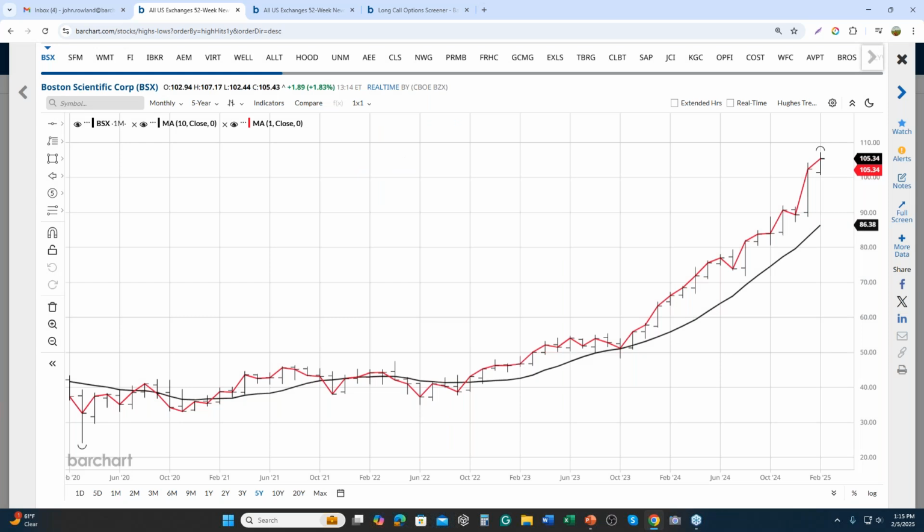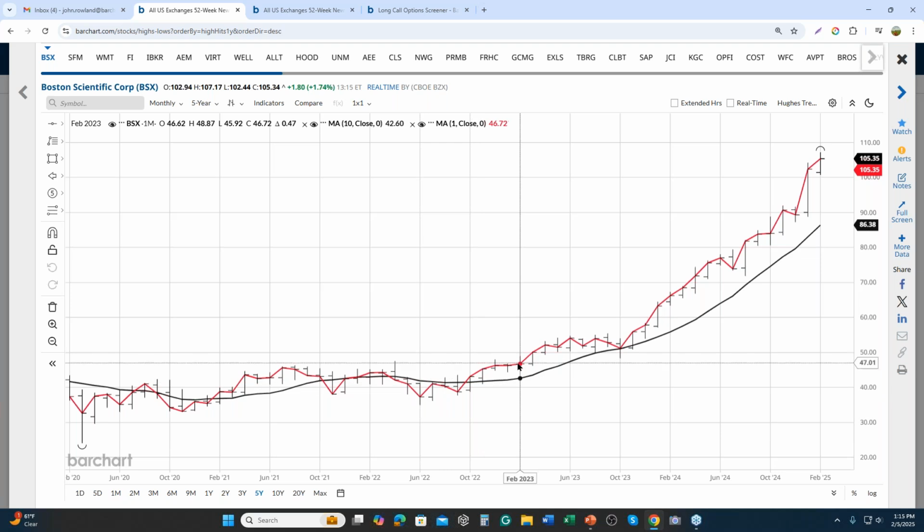So here I've gone to our flip charts, and I made this template for you. Here's Boston Scientific, and the red line represents the 1-month closing price, and the black line represents the 10-month moving average. What you really like to see is a stock crossing this 10-month moving average.